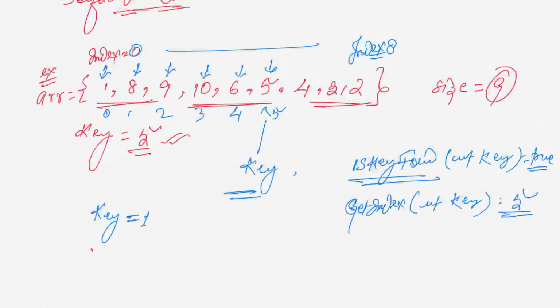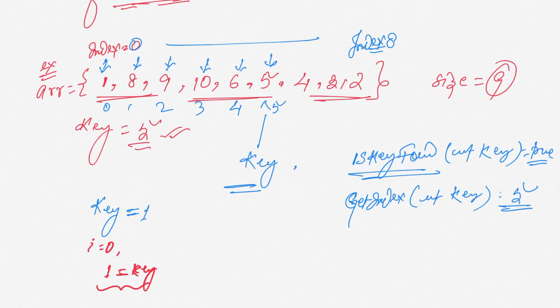When i is equal to 0, if you see, at index 0 we have 1, which is equal to the key. And as soon as we get the matching key, we exit from the loop and return the index value or the boolean value.